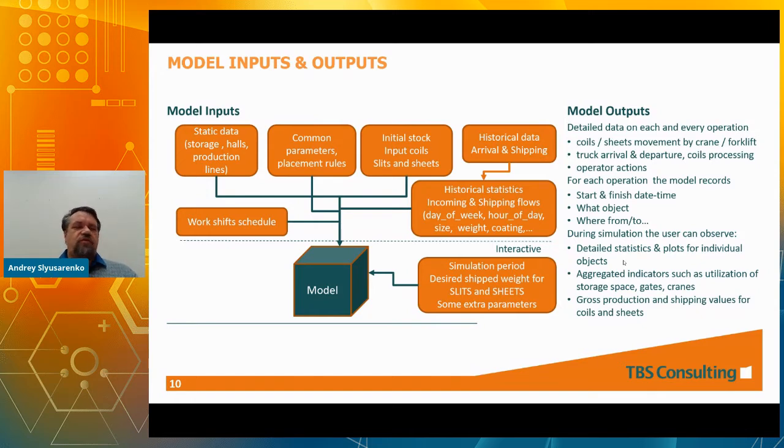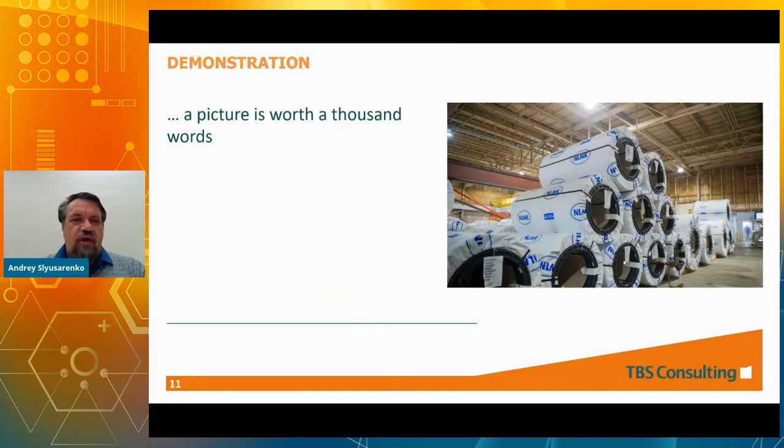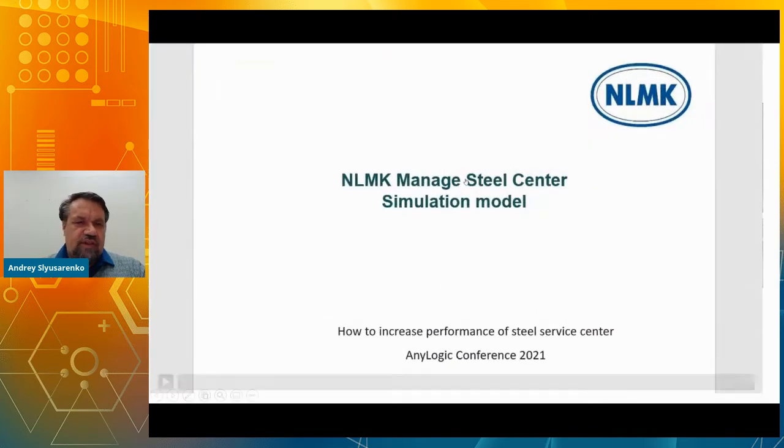This data is stored in the AnyLogic internal database. After that, it is exported to Excel and subject to analysis to find the best decision. Now, as a picture is worth 1,000 words, let's have a look.